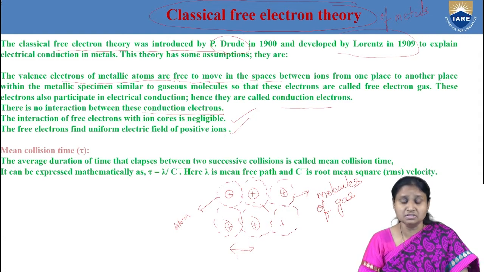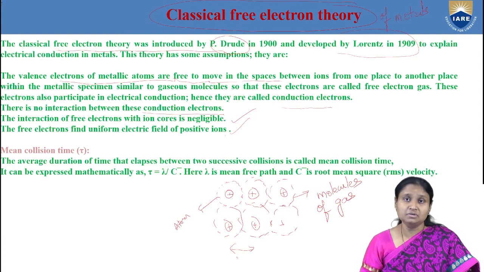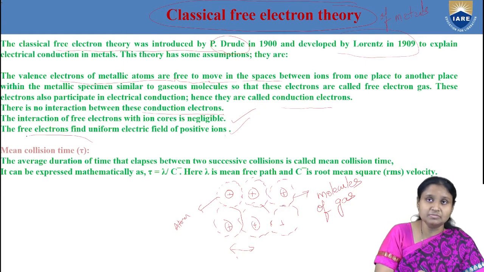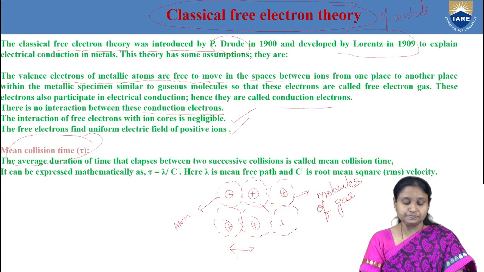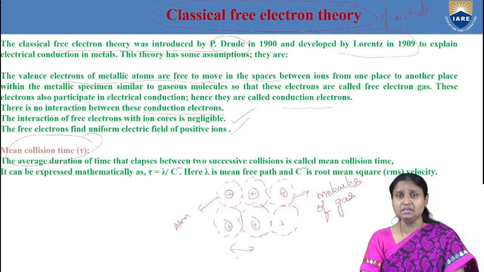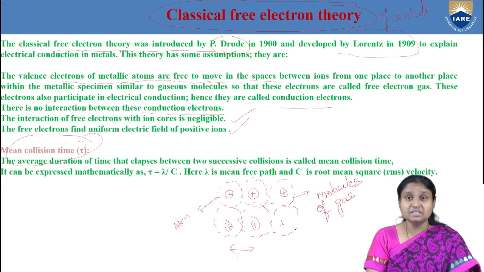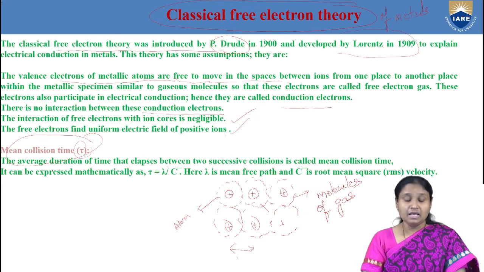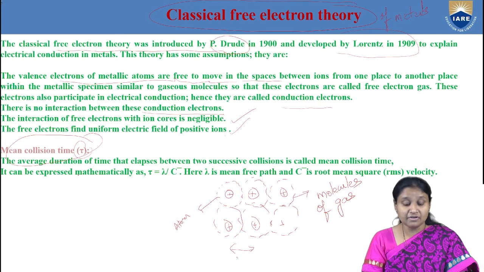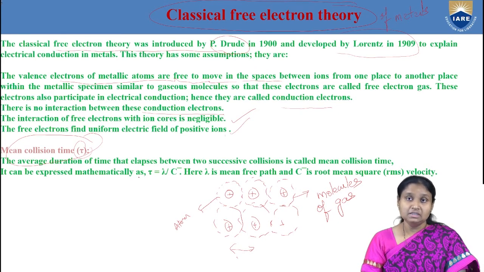So when we have free electrons behaving as gas molecules moving randomly in all possible directions, there are some terms related to such free electrons. The first term is mean collision time, represented by the notation tau. How is it defined? It is defined as the average duration of time that elapses between two successive collisions.